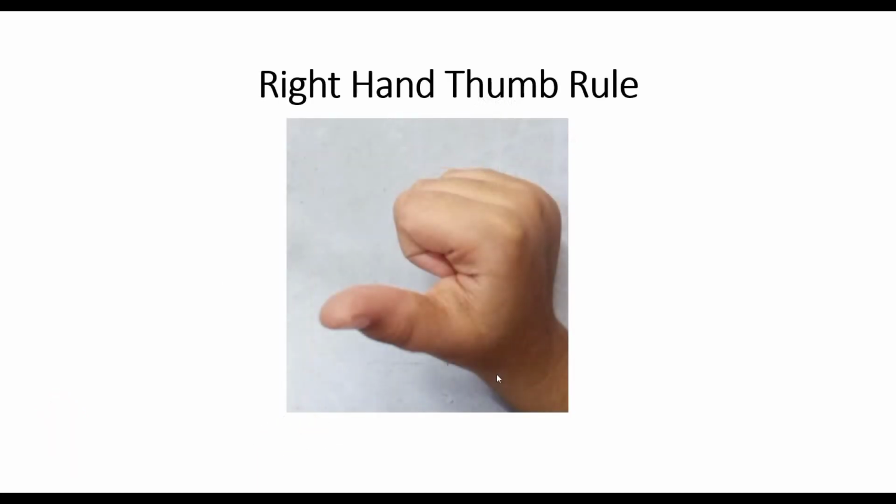Now, before we go forward, let us quickly revisit the concept of the right hand thumb rule. Basically, if your right hand thumb is pointing towards a particular positive direction of an axis about which you are to calculate a value of a rotation or a moment, the positive direction of that rotation or moment would be given by the curl of your fingers.